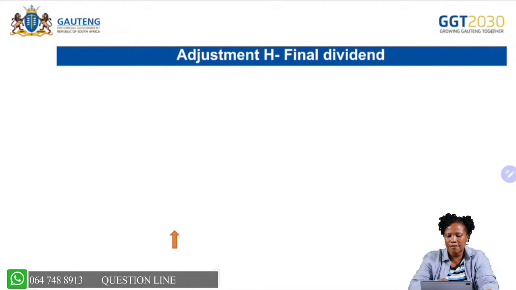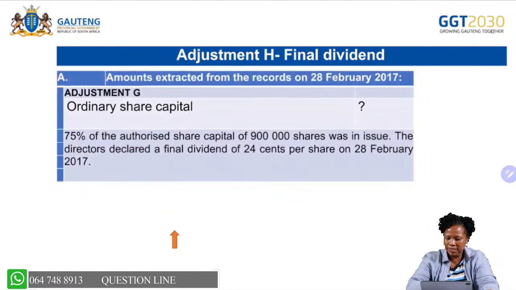Let's look at the final dividends. Here's our adjustment. We are not given ordinary share capital from the activity. It has not been given to us, but I want us to read the statement together. 75% of the authorized share capital of 900,000 was in issue.